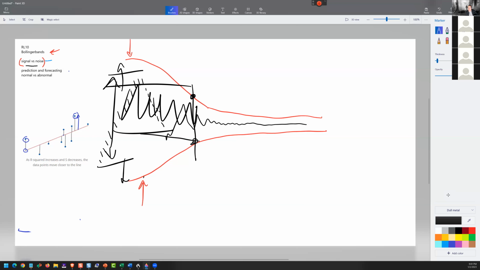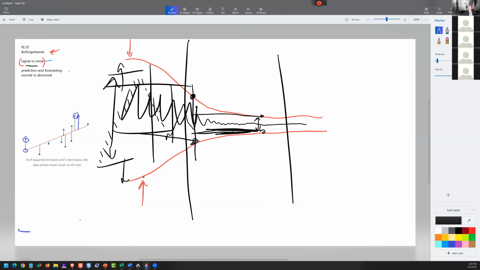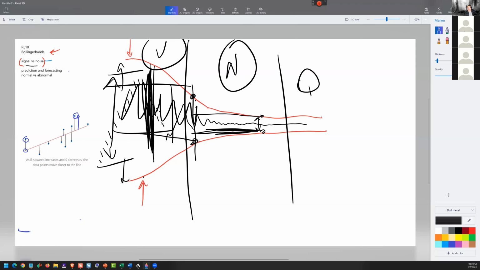When you get way up in here, the price had so little variation that you could compress the size of that envelope to here. So what we end up doing is comparing the width of the Bollinger Bands, and we're able to say, look, this is really volatile because of the width of the Bollinger Bands, and this is normal because of the width of the Bollinger Bands, and then this is very, very quiet because of the compression of the Bollinger Bands.